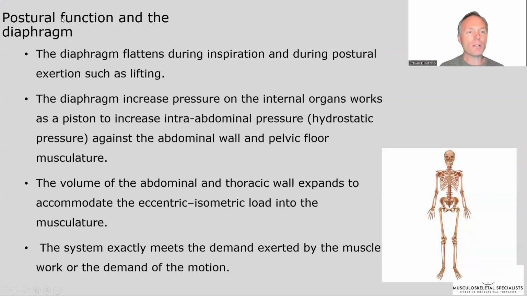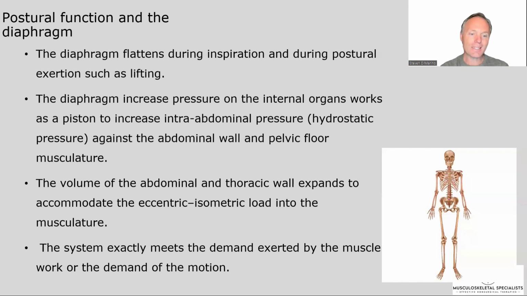All right, so what is the postural function of the diaphragm? It flattens on inspiration and lifts on expiration. The expiration phase is a relaxation phase, and the inspiration increases pressure on the internal organs, and that is the pressure system. The volume of the abdominal and thoracic wall expands to accommodate the eccentric isometric load into the musculature.